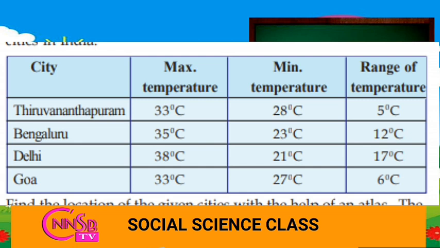And Goa is near to the sea, near to the ocean. 33 degrees Celsius is the maximum temperature and 27 degrees Celsius is the minimum temperature. The difference is only 6 degrees Celsius. From this table, it is very clear that in places near the ocean, the temperature variation is less, and in places away from the ocean, the temperature variation is high.